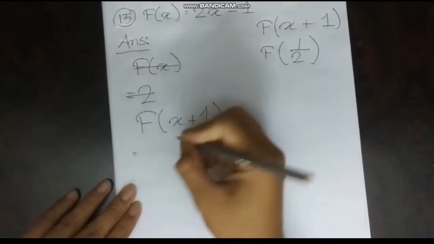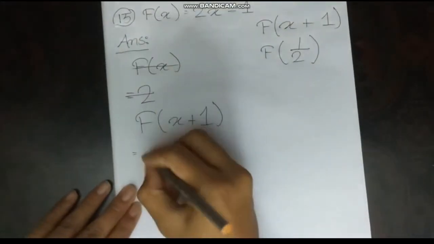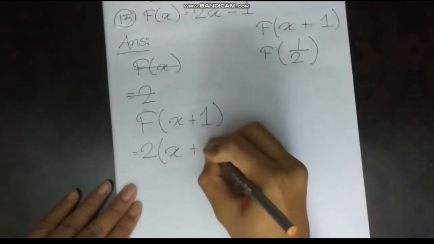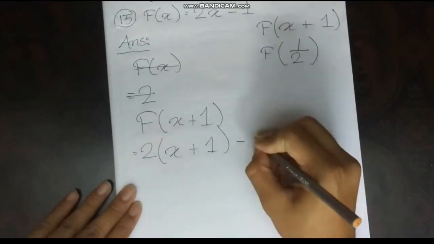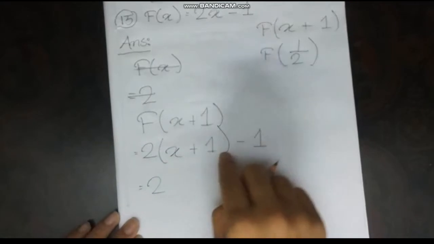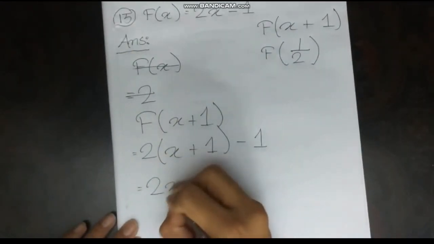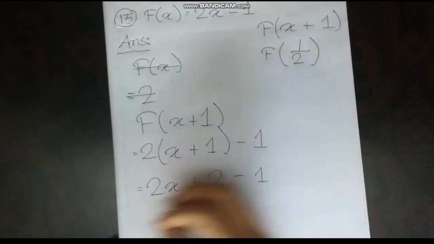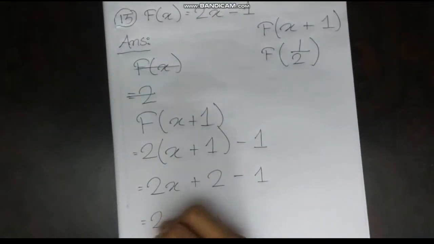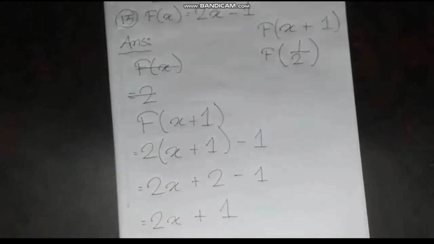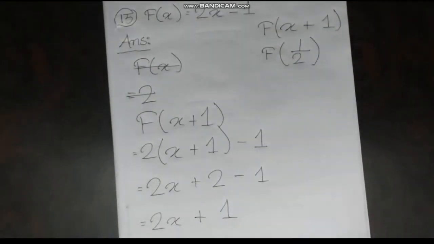It will be equal to, you just put this value in the place of x. Multiply those 2 with the ones in the brackets. There we have it. This is the value of f of x plus 1.